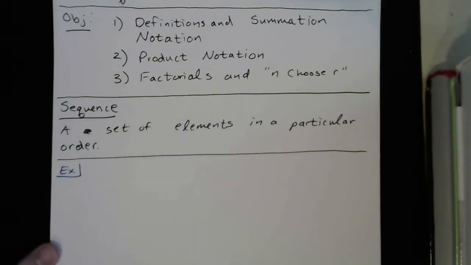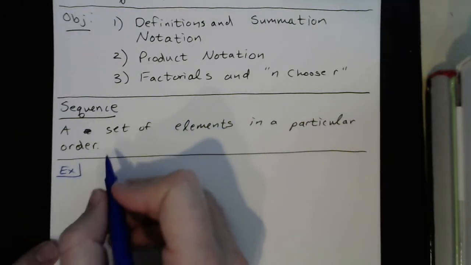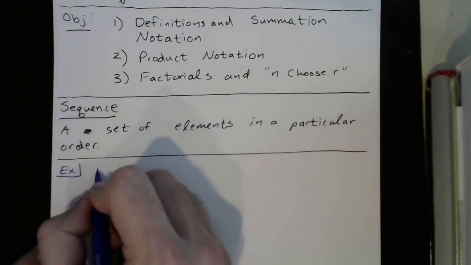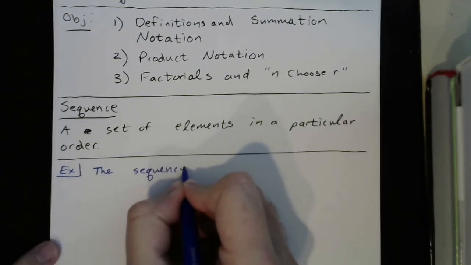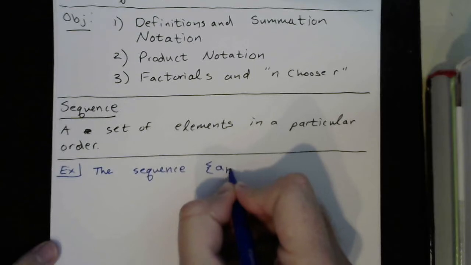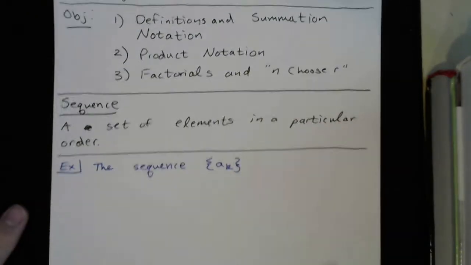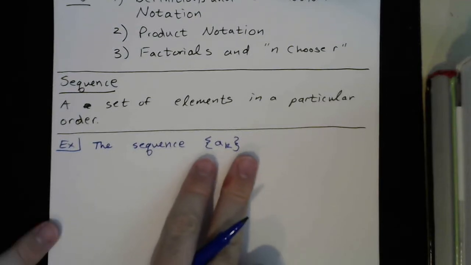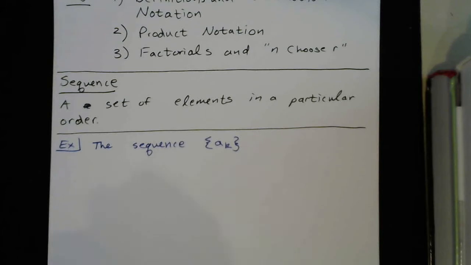So let's look at a little example, refresh ourselves on sequences, with a couple examples of the stuff we're used to seeing. The sequence {a sub k}, remember this is our notation for sequences. The curly braces denote a set, and the a sub k denotes an order: a1, a2, a3, and so on.